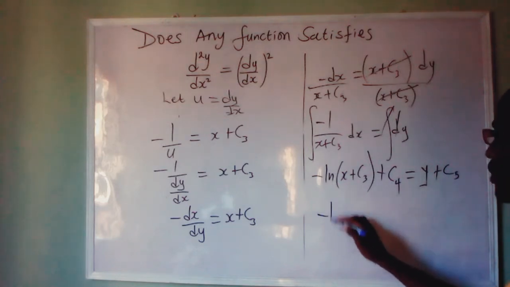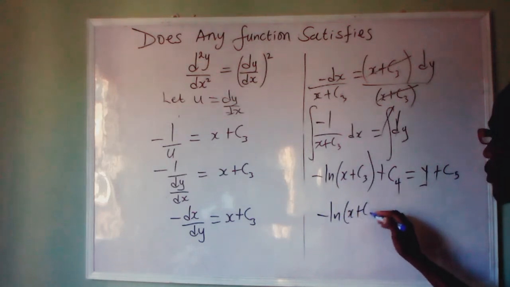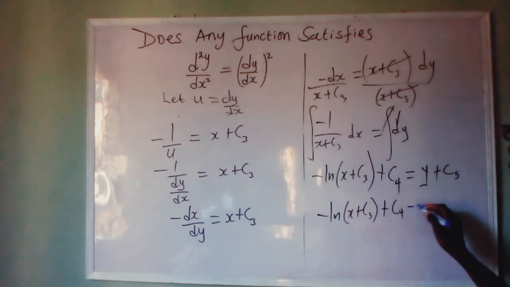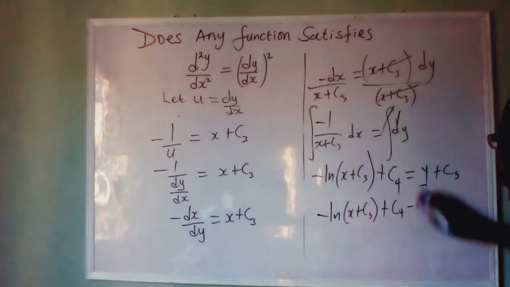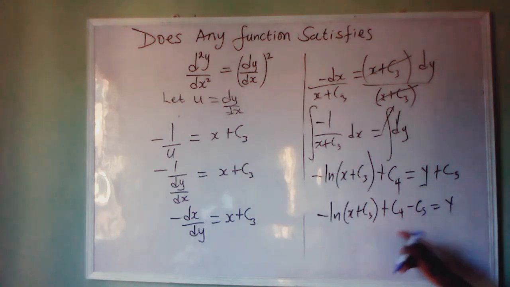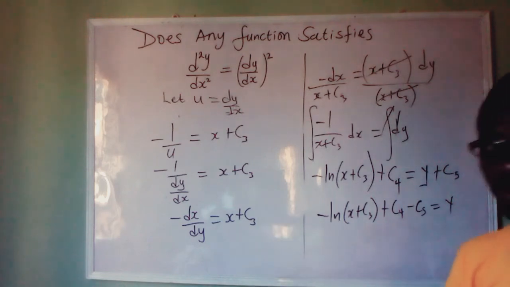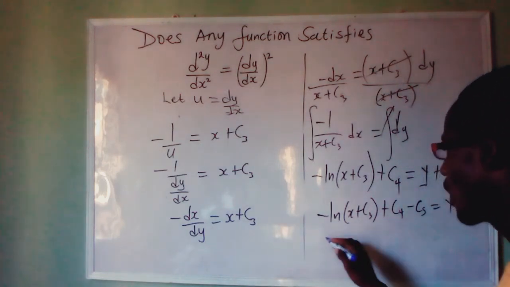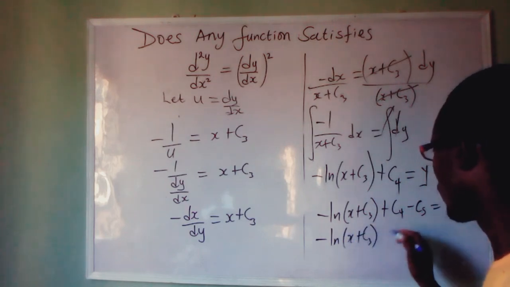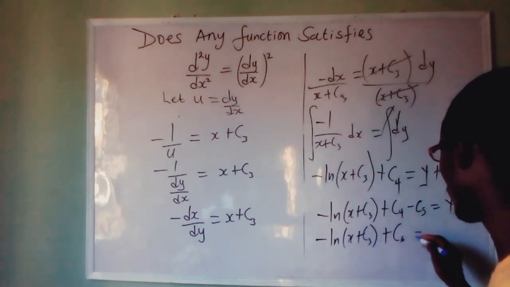I'm going to have the negative natural log of x plus c3, plus c4 minus c5, all equals y. So c4 minus c5 also gives a constant. So I'm going to have the negative natural log of x plus c3, plus c6, all equals y.